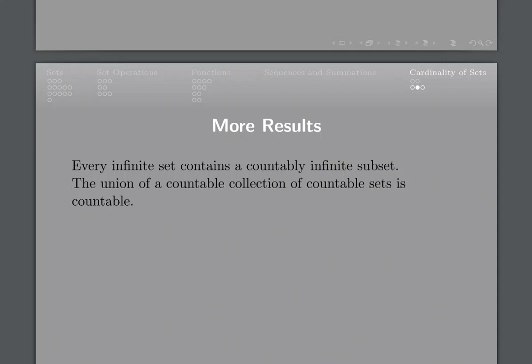The union of a countable collection of countable sets is countable. So in this case, same rule that we did for the rationals. Let's say you list all of the elements from 1 to infinity, and then you list all the sets from 1 to infinity.